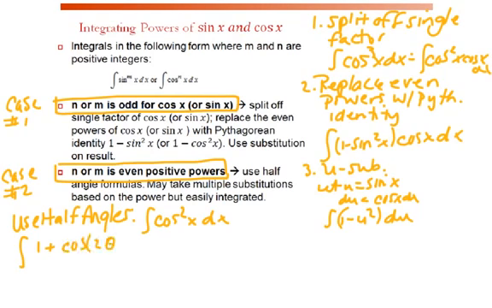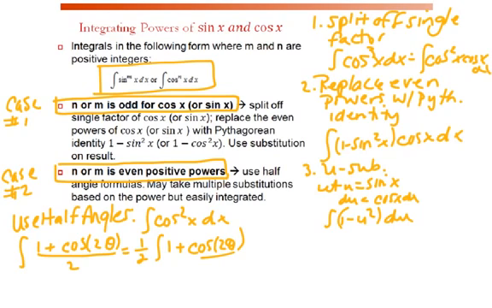The half angle formula for cosine squared is simply 1 plus cosine of 2 theta over 2, which is just 1/2 times 1 plus cosine of 2 theta. Now we can just do a u-substitution on this and integrate that directly. So we've taken a rather difficult looking integral and rewritten it using the trig identities in order to take advantage of u-substitution.